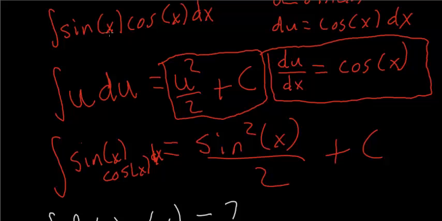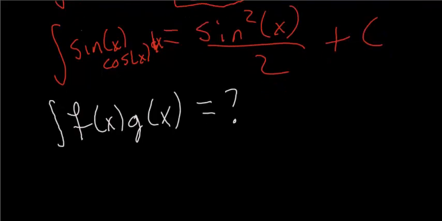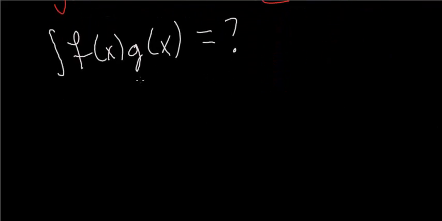So the derivative of sine of x was cosine of x. But now, as far as we know, these functions aren't related to each other in any sense. All I mean by that is one function isn't the derivative of the other function. So how do we go about solving this?